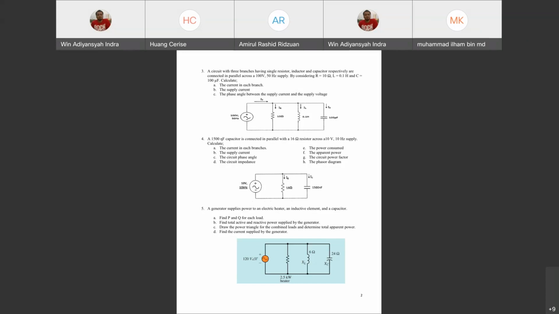Tuesday afternoon, Tuesday 2, 1, it's question 2 and question 5.